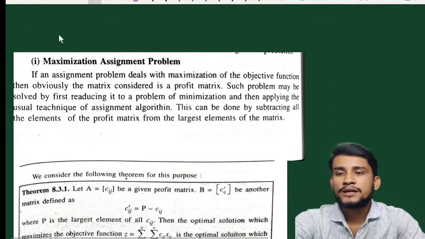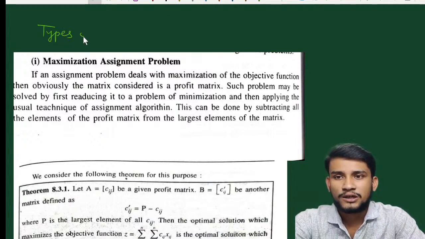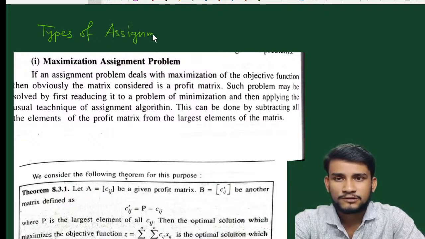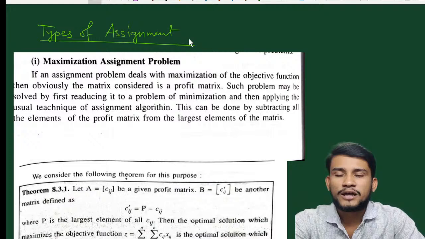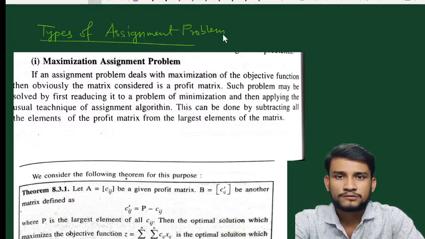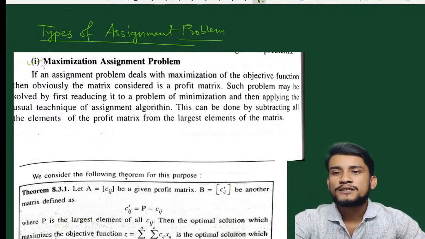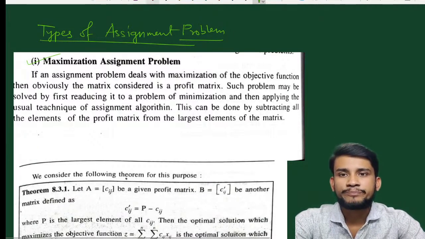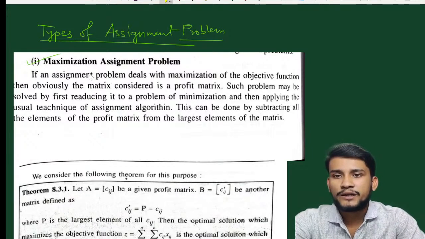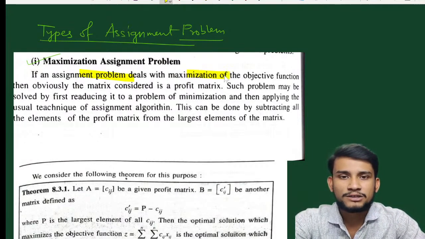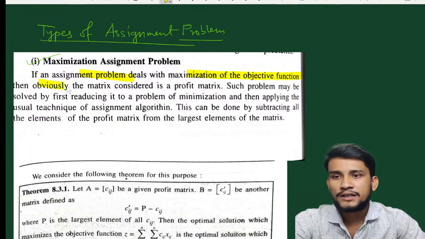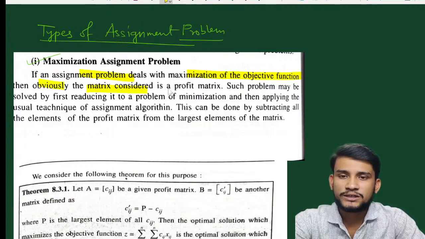So there are four types of assignment problem. One is maximization of assignment. If an assignment problem deals with the maximization of the objective function, then obviously the matrix considered is a profit matrix.